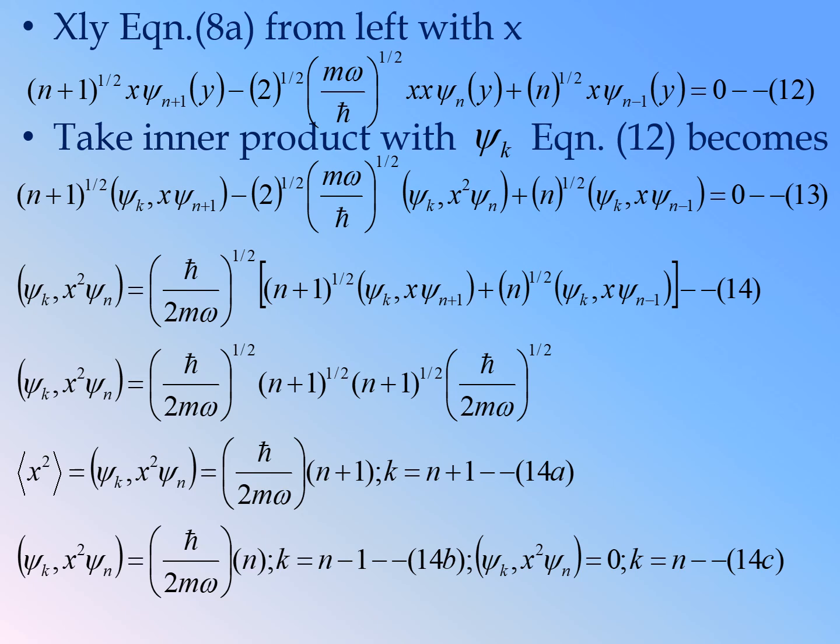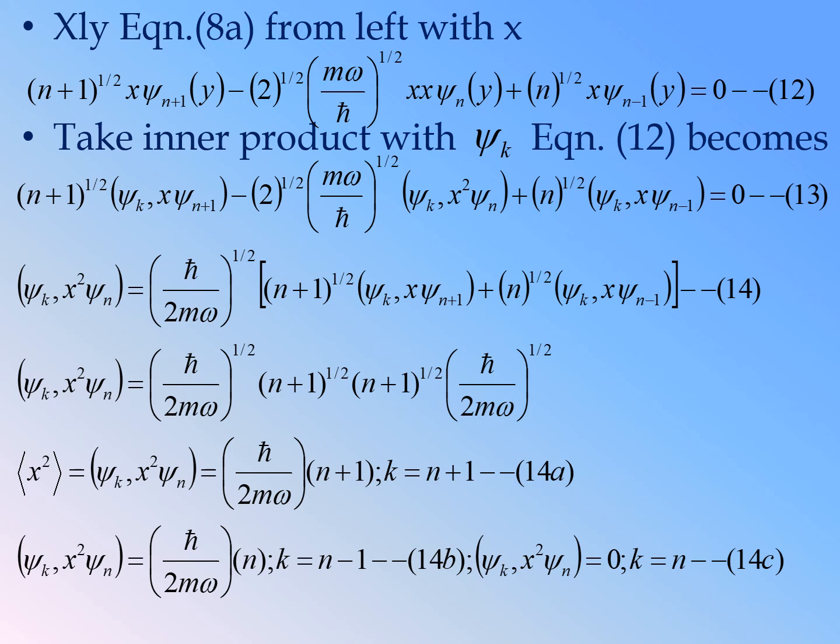So if you substitute k is equal to n plus 1 in equation 14, then you get the inner product of psi k comma x squared psi n is equal to (h cross divided by 2m omega) whole power half into (n plus 1) whole power half (n plus 1) whole power half (h cross divided by 2m omega) whole power half. So it is equal to h cross divided by 2m omega into (n plus 1).